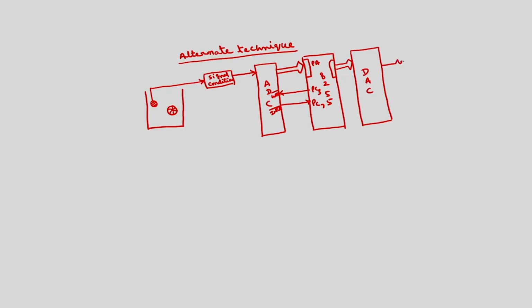This output through a resistance will convert into voltage. This I am going to give to the fan.